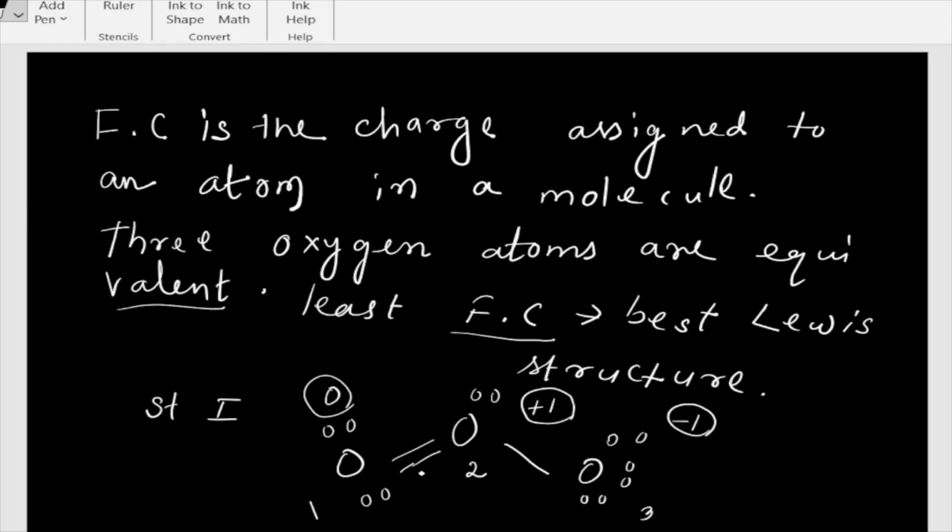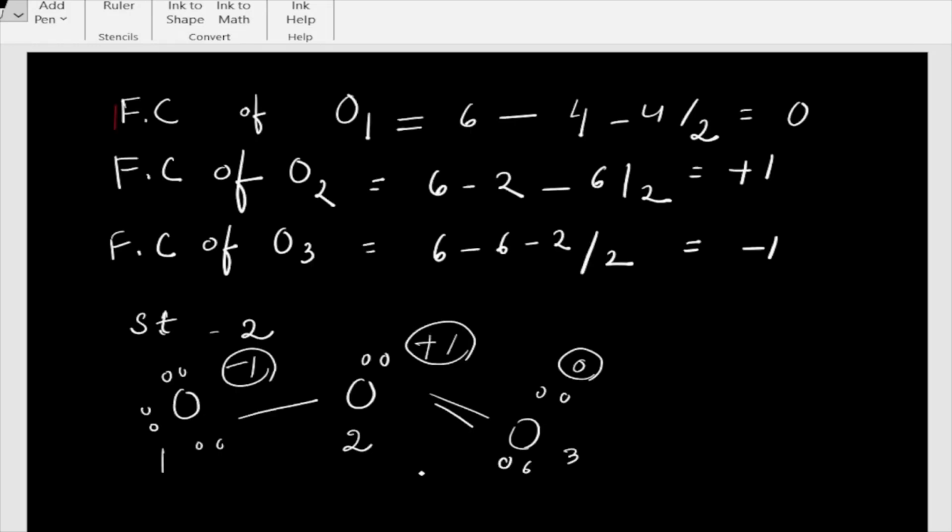Like this you will calculate each one. FC of oxygen 1: 6 valence electron, minus 4 non-bonding electron, minus 4 bonding electron by 2. Similarly, oxygen 2 also has 6 valence electron, 2 non-bonding electron, 6 bonding electron. Similarly, oxygen 3 also: 6 minus 6 minus 2 by 2.